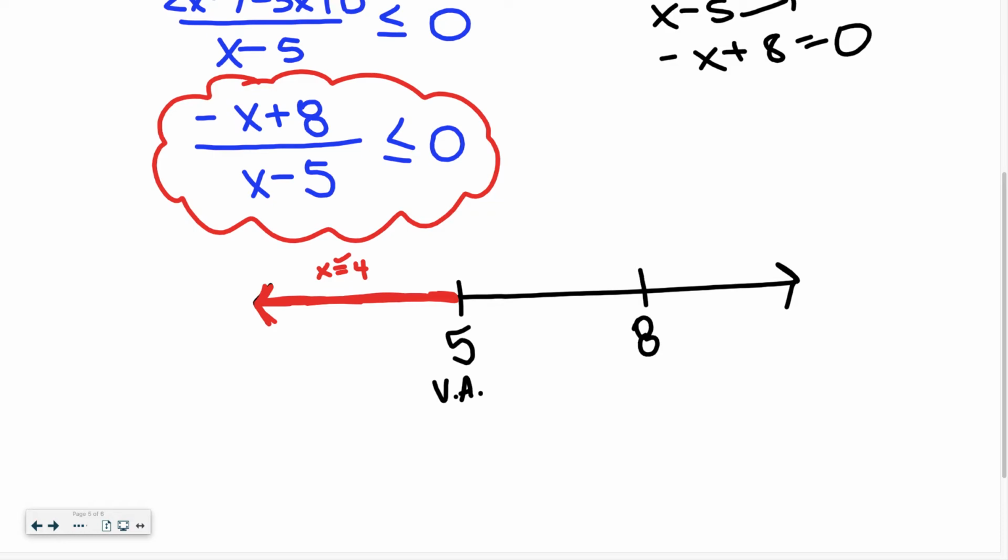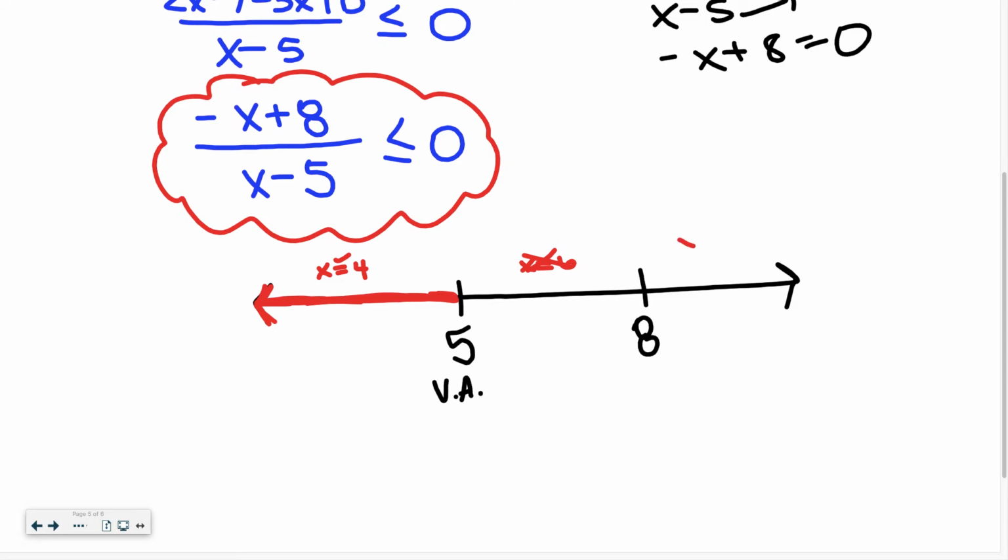Okay? I'm going to wait for a moment on my parentheses and brackets. Between 5 and 8, 6 sounds like a great number. Negative 6 plus 8 is positive. 6 minus 5 is also positive. So we have a positive numerator, a positive denominator, makes a positive fraction. That's not what we want.